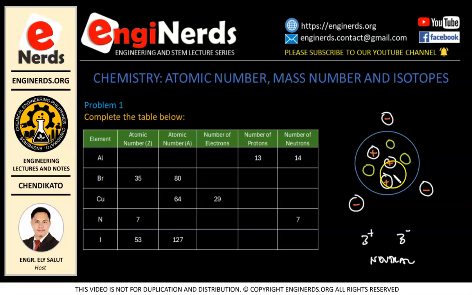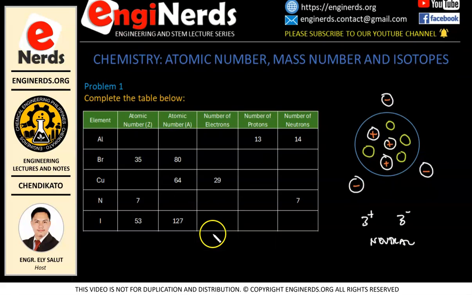Neutrons are uncharged particles, so they do not contain any charge. Their number is also changing for a given element, and that is what we call isotopes. We already learned that from our previous lecture video, so if you want to learn more about that, you have to watch our previous video about isotopes.